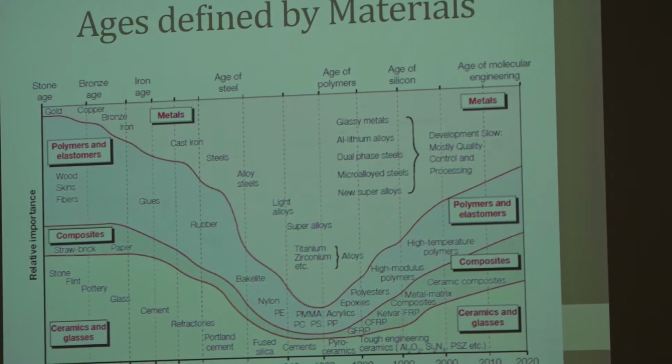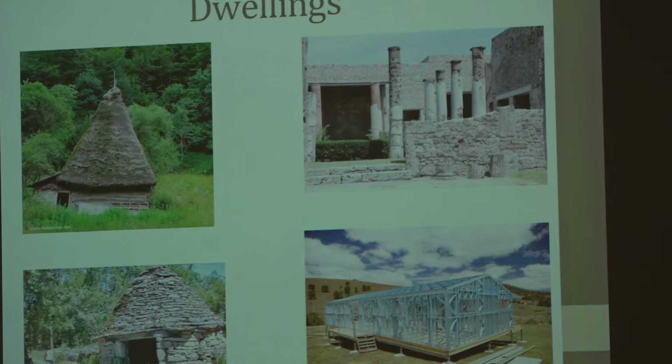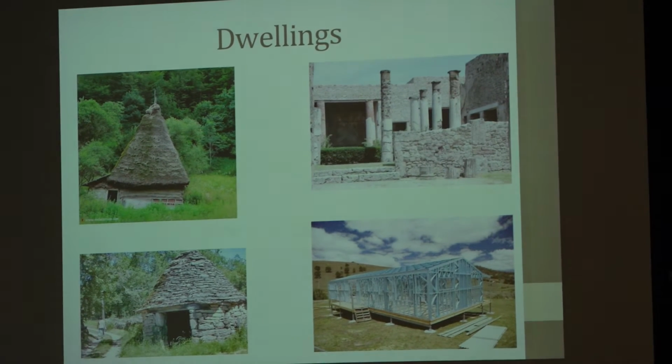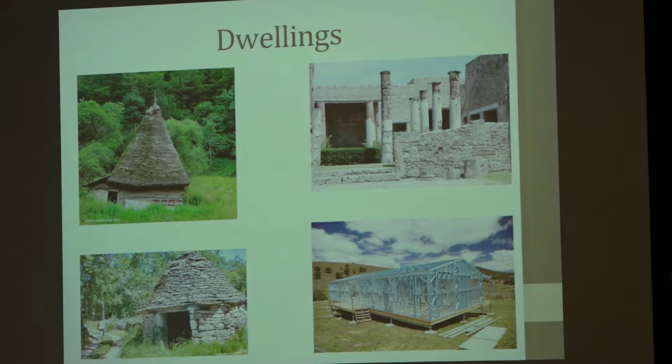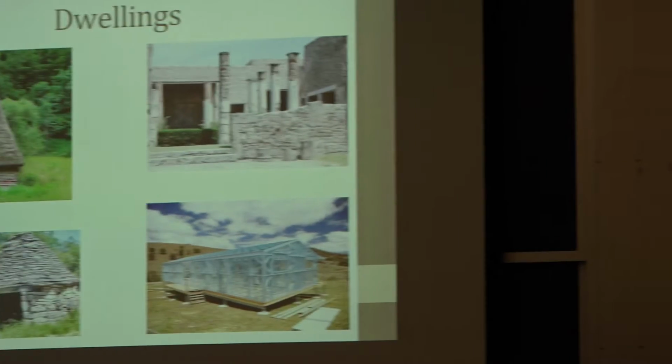If we look at some of the basic needs: dwellings, homes, food, shelter, and clothing, okay? Well, shelter is a pretty basic need. This is using organic materials for shelter. A log house is organic materials for shelter. In ancient times, some of the first shelters were just wooden things with straw and pine boughs, but all those have decayed and the bugs have eaten them from thousands of years ago.